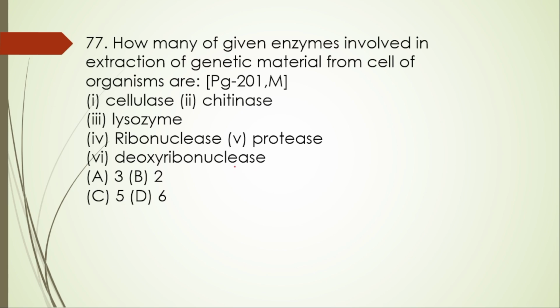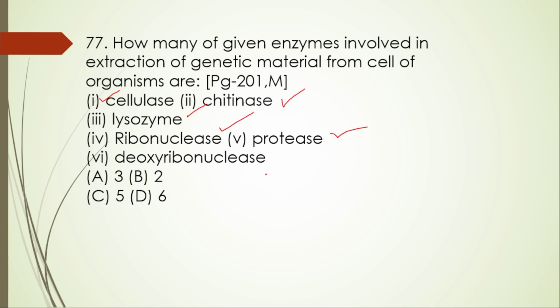Among them, cellulase is used to break down the cellulose cell wall in plants. Chitinase is used to break down the chitin cell wall in fungi, and lysozyme is used to digest the bacterial cell wall in bacteria, whereas ribonuclease is used to remove RNA from the sample so it doesn't contaminate the DNA. And the protease is used to remove the proteins.